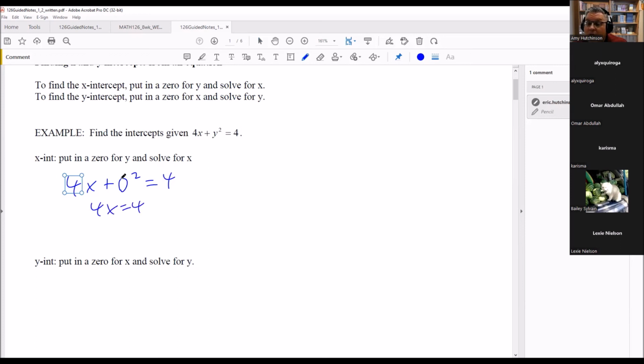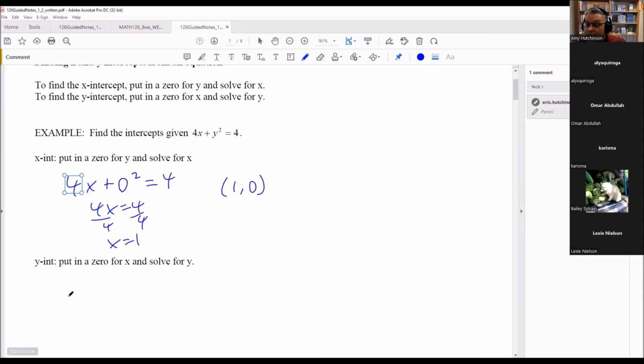I divide both sides by 4, and I get X is equal to 1. Writing this as a coordinate, there's a 0 for Y and a 1 for X, so in coordinate form you'd write it as (1, 0). The Y is 0, but the X value is 1. So that's our answer, (1, 0).